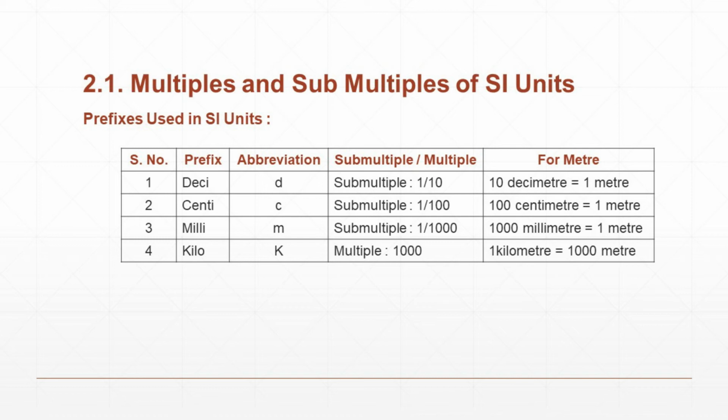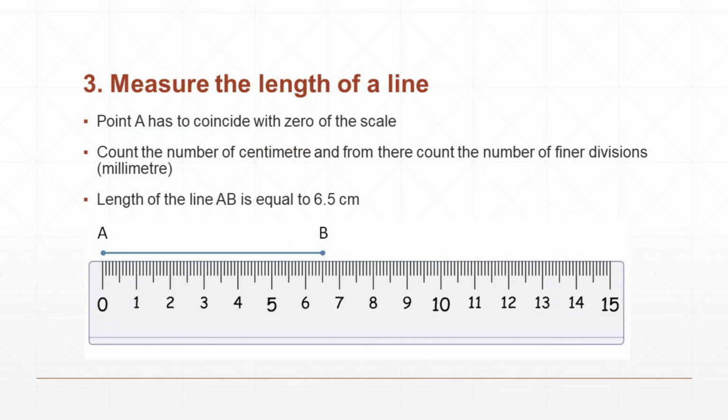Now let us learn about measuring the length of a line. Before you measure the length of a line, you must know about the measurements given on a scale. Take a meter scale. Notice the lines marked 1, 2, 3, 4 till 15 for small scales or till 30 for bigger scales.